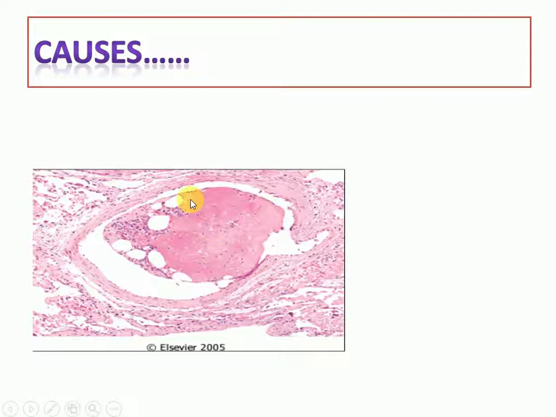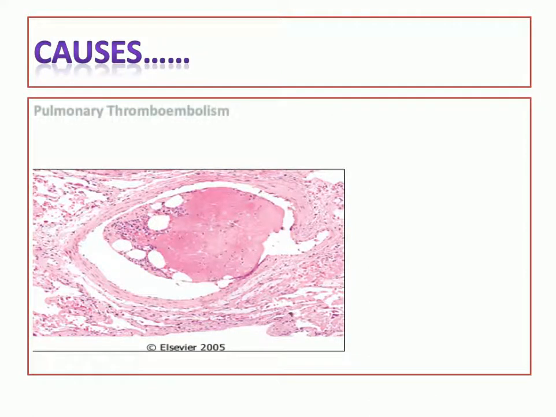Okay, we are going through the causes of pulmonary infarction. We have seen that the major cause is the blockage of blood supply to the lungs. What causes the blockage of blood supply to the lungs is what we call pulmonary thromboembolism.